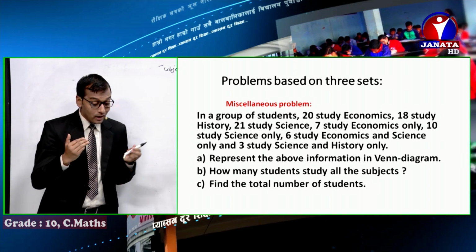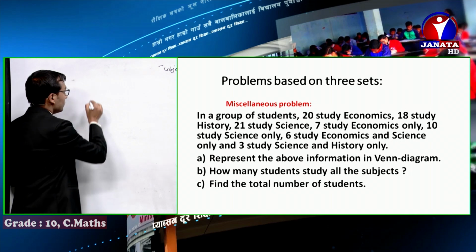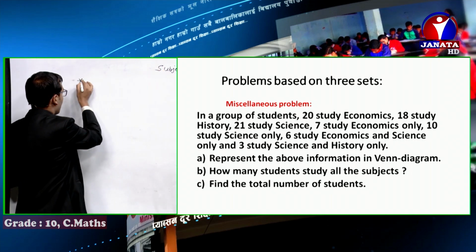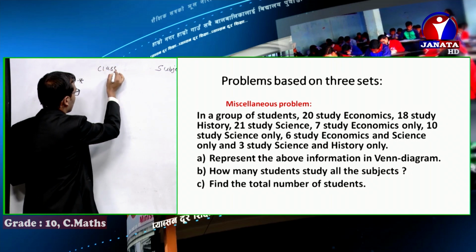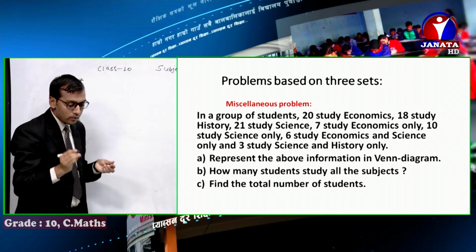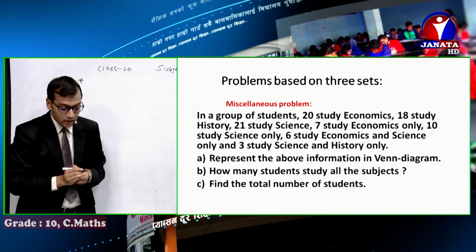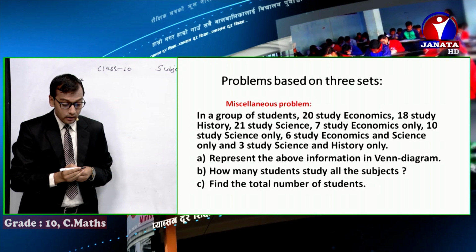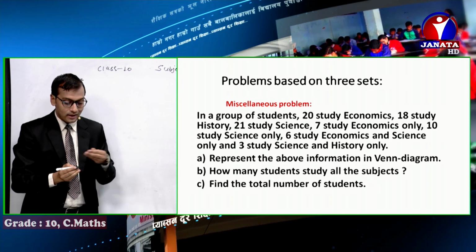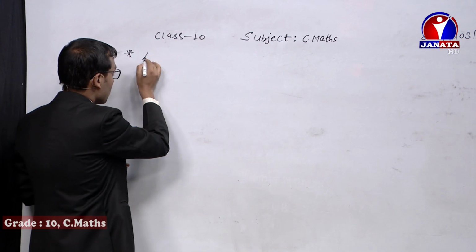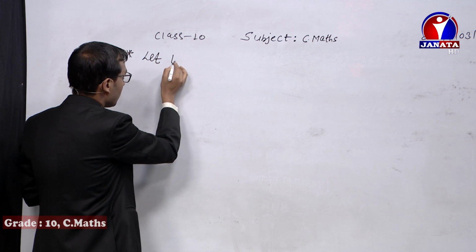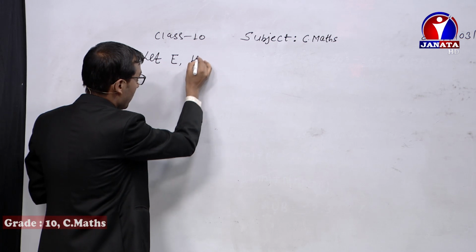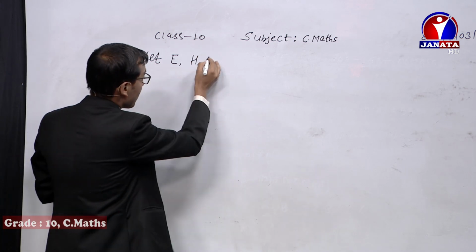So let's write now. Let's write the information which is given in the question. Before that, we suppose the different subjects. Here the different subjects are economics, history and science. So let the first be economics. What is the second subject mentioned? History, H, and third is science.